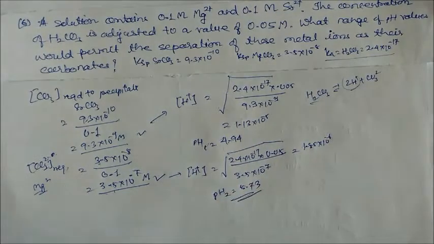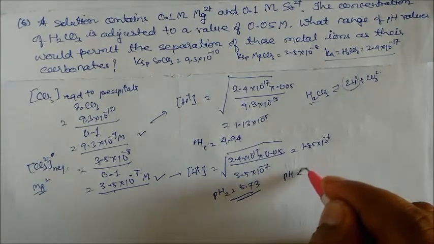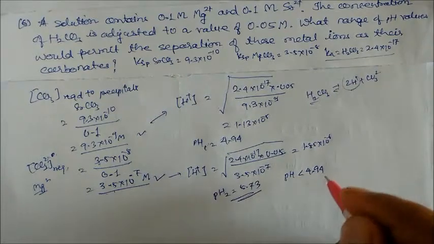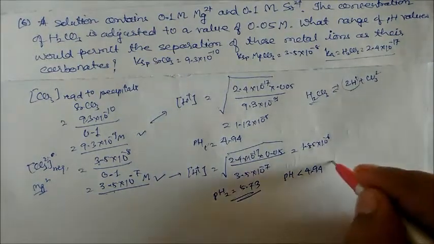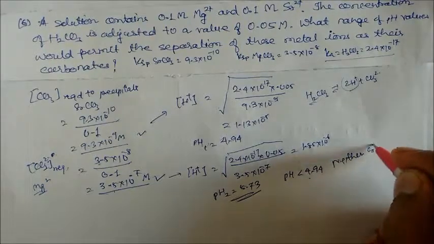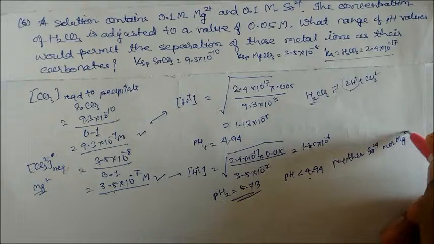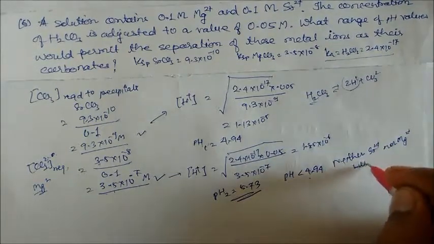Now the question is, if pH is lesser than 4.94, then what will happen? Lesser than this much, neither strontium 2 plus nor magnesium 2 plus will precipitate.